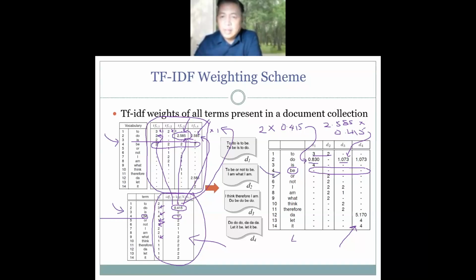So this is what we call the TF IDF matrix, because we have computed the TF and also the IDF, and then we multiply them to get the final matrix.